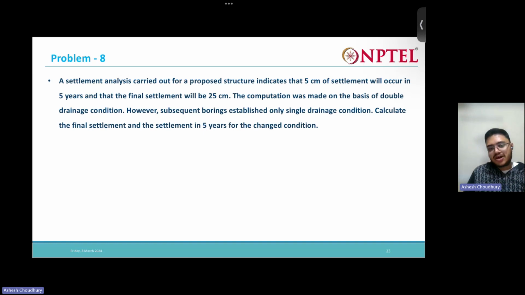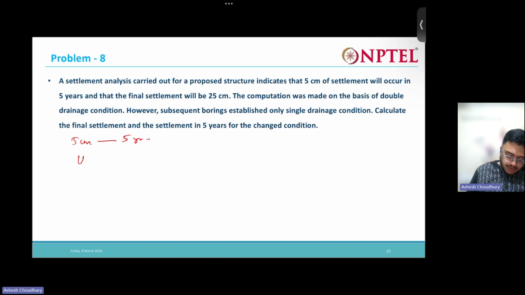Before, in 5 years, 5 centimeter had happened, but now we are seeing that it is double drainage condition. So in double drainage, obviously in 5 years more than 5 is going to happen. So what is it that we are going to find out? Okay, so 5 centimeter is happening in 5 years.